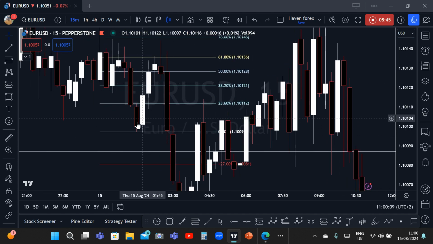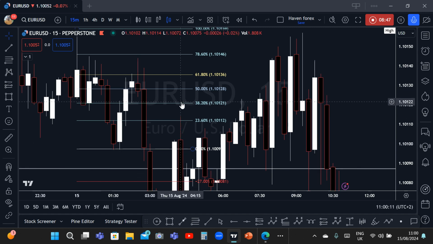So after you have done this, you wait for price at least to get to 50%. Let's now use 50% as an example. If I ask you what is the price at this 50%, you will see that price is 1.10128. Am I correct? 1.10128.